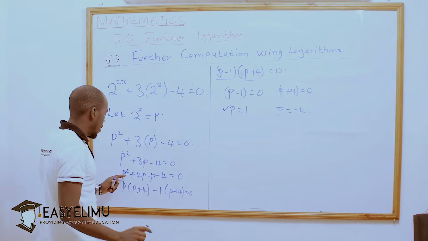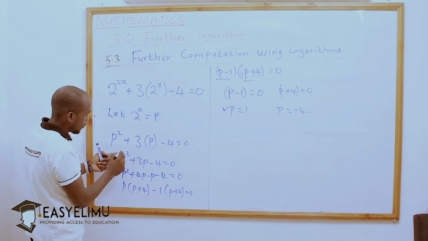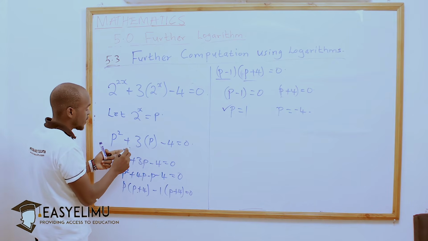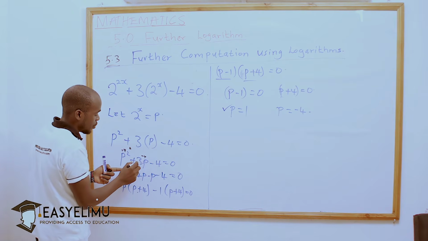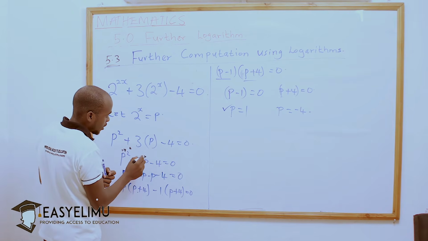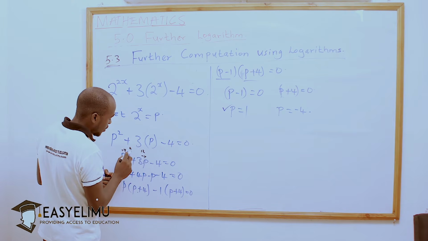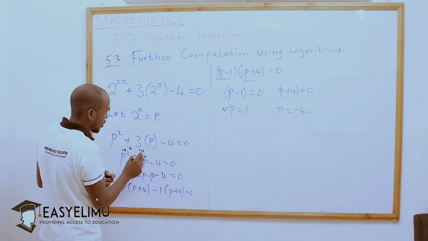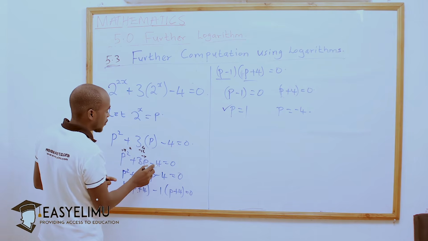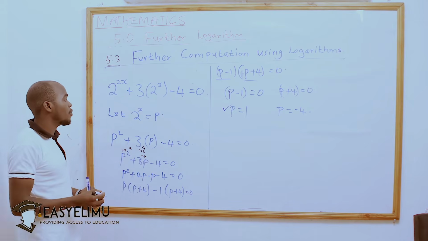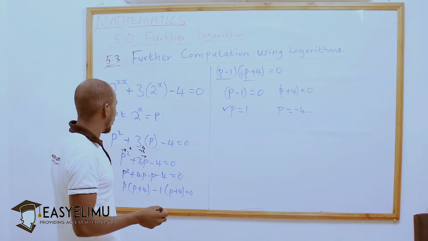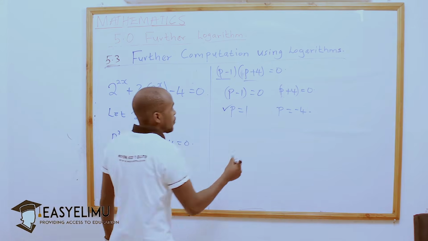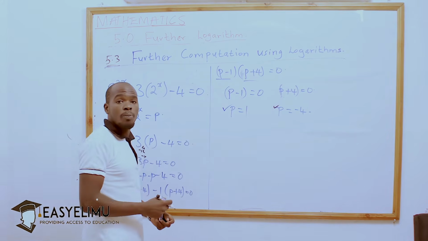Negative 4 squared gives you 16. 16 plus 3 multiplied by negative 4, which is negative 12. So 16 minus 12, you are getting 4. 4 minus 4 is 0. So we are getting two values of p, and p may be negative or positive.